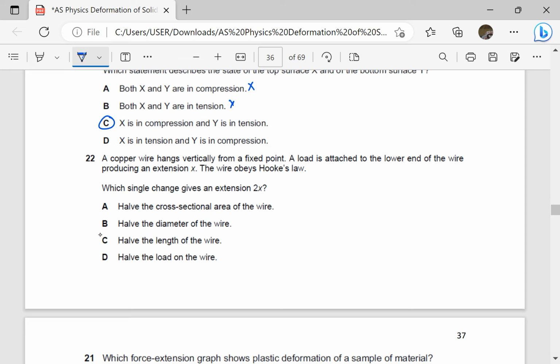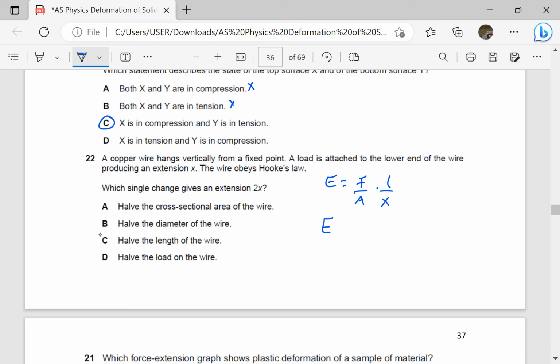So we know that Young modulus is going to be a constant, equal to force over cross-sectional area times original length over extension.